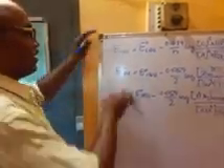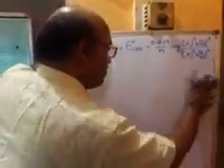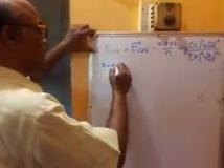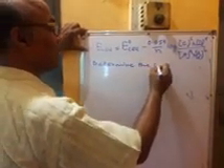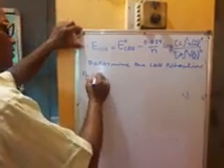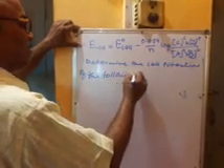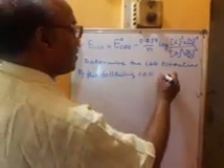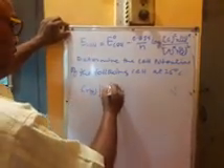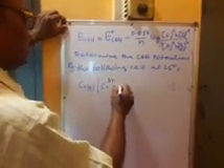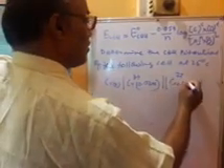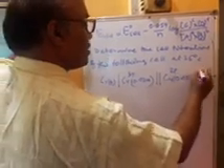Now let us work out one numerical based on this formula. Determine the cell potential of the following cell at 25 degrees Celsius: Cr solid slash Cr3+ 0.02 M, double slash Cu2+ 0.01 M, slash Cu.